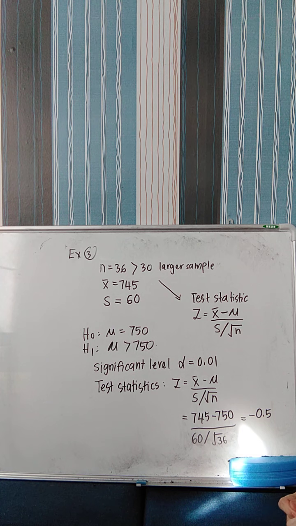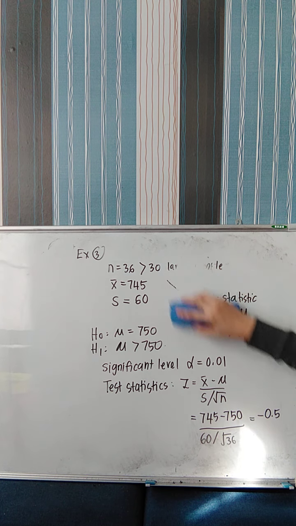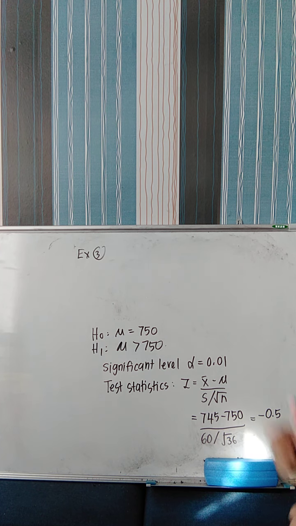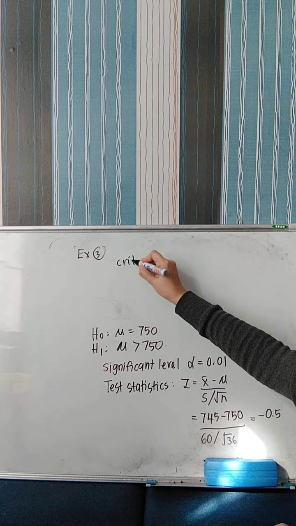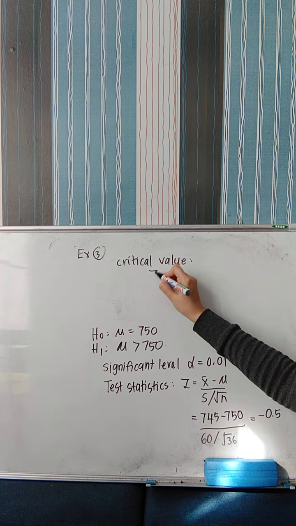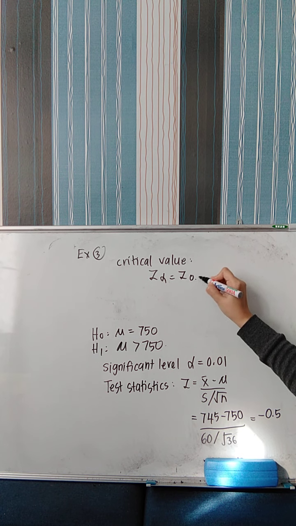Then we continue to the critical value. For the critical value, you need to find Z alpha, so Z 0.01.